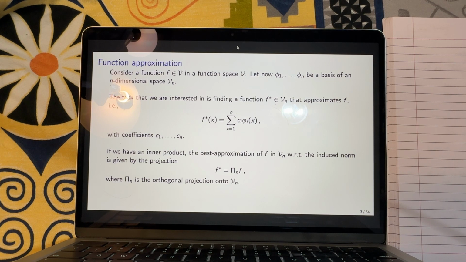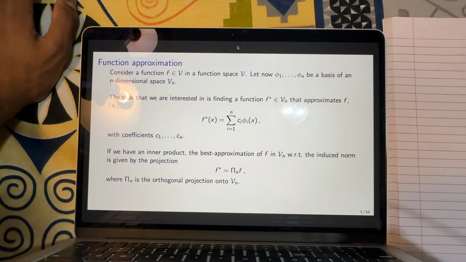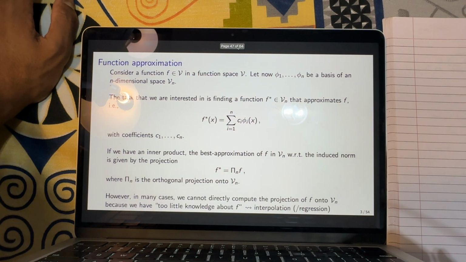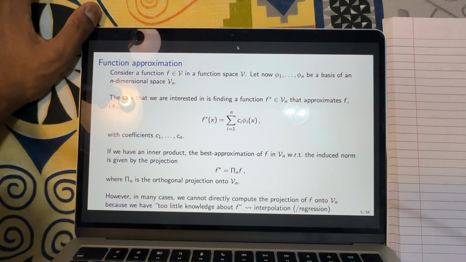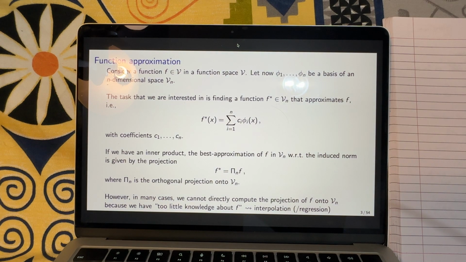If we are given an inner product, we can just project our function f onto the basis of Vn and combine them with their coefficients. However, in many cases we cannot directly compute the projection of f onto Vn because we have too little knowledge about f.